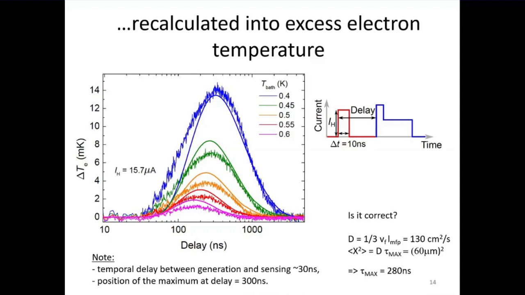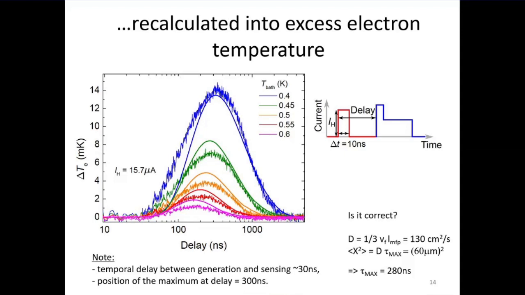So if we know the diffusion, we expect that the maximum should appear after 280 nanoseconds. And this is what we find in the experiment, the position of this maximum, 300. So we can either treat this result as a confirmation that the method really measures nicely, or we can say that this is the direct measurement of the diffusion of electrons in aluminum.